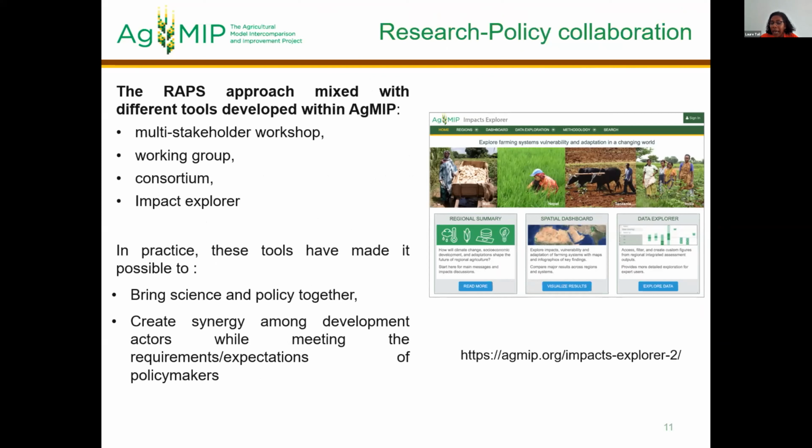Working with the AgMIP team, we realized that this approach with the representative agricultural pathway mixed with other tools, the back and forth, very iterative process of stakeholder workshop, the working groups. Even though we are in COVID mode, we are having really regular meetings within the researchers community.